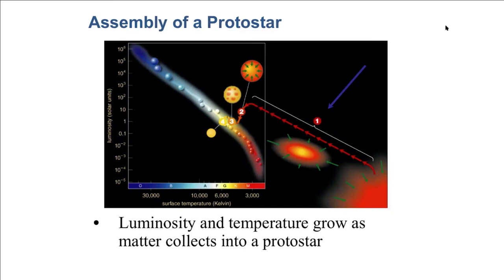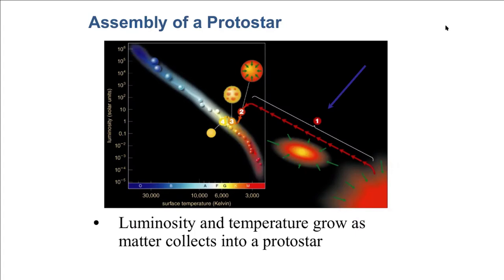As a protostar forms, it obviously starts out as a huge, very cold and very dim cloud of gas right down here. It's not even on the traditional HR diagram, which is over here. It's way off the traditional diagram.